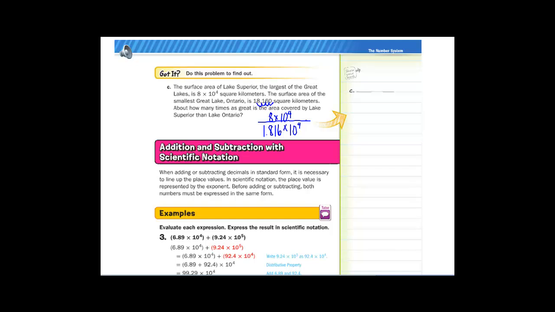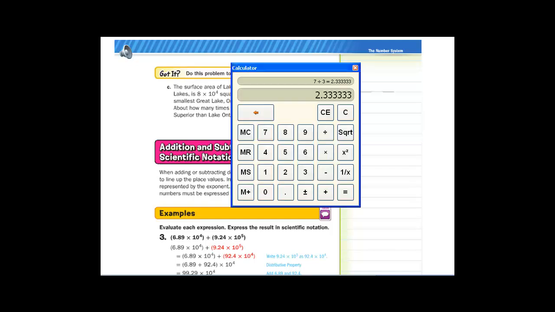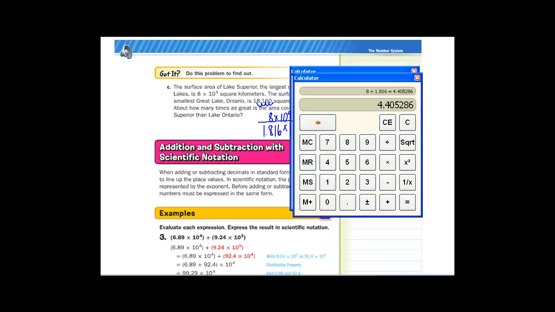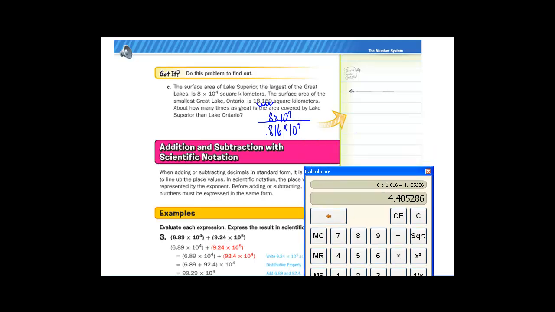All right. So if I take 8 and divide it by my 1.816, it comes to about 4.4. 4.4 times 10 to the, now I've got 10 to the 4th divided by 10 to the 4th, so I subtract my exponents, I get 0.